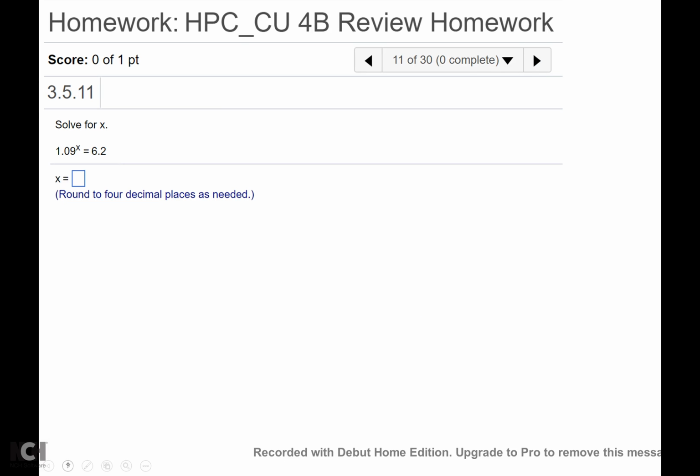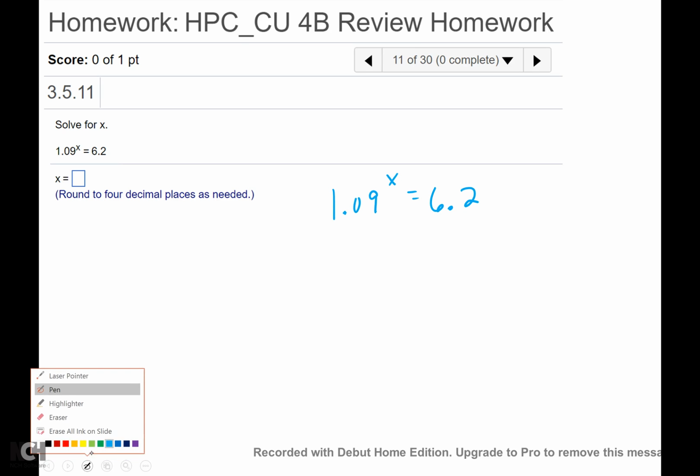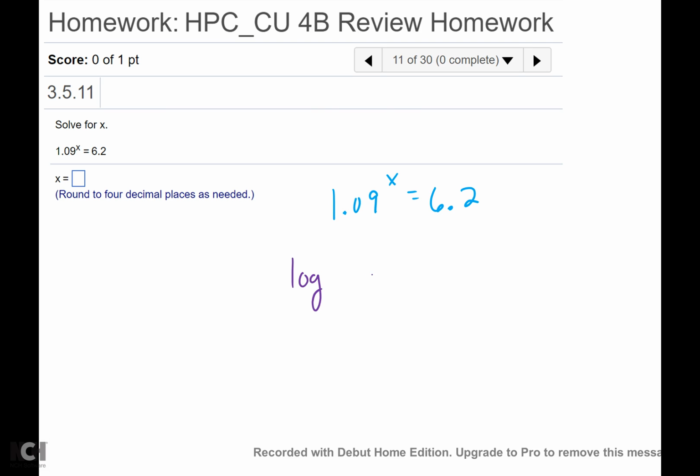Alright, this one, we don't have a log on one side, and we have x in the air. If you have an equation where x is in the air and you don't have a log to roll, the trick is you make a log. But if you log one side, you have to do it to the other. So I'm going to log 1.09 to the x, and I'm going to log 6.2.